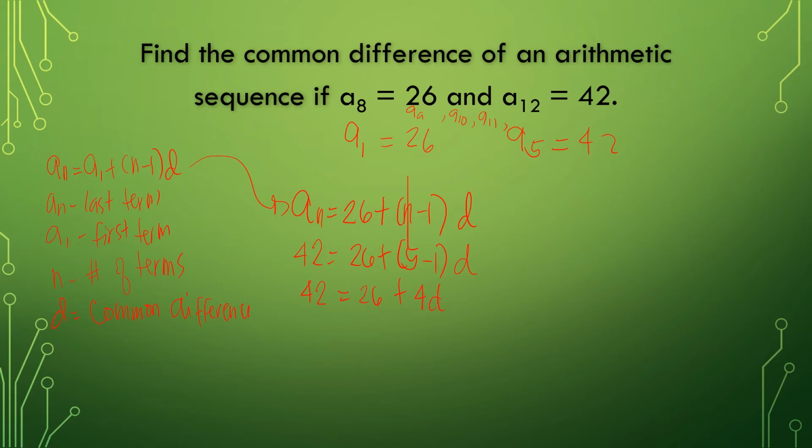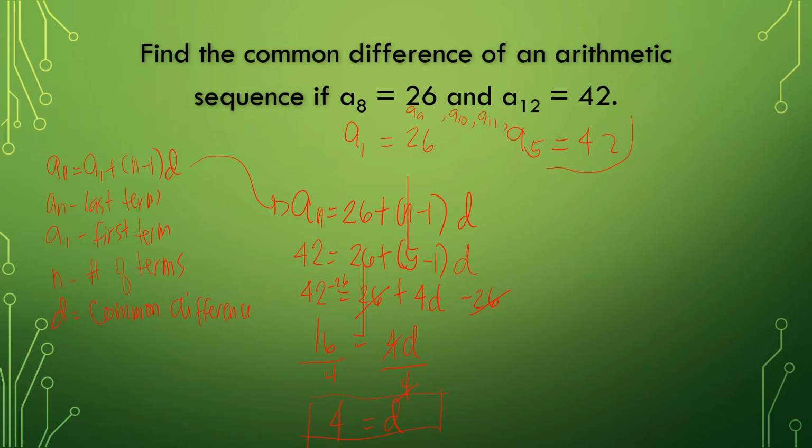We can subtract both sides by 26 to eliminate this 26. So, 42 minus 26 is equal to 16, which is equal to 4d. Divide both sides by 4. D is equal to 4. So, the common difference is 4.